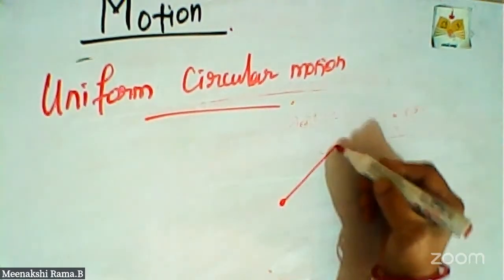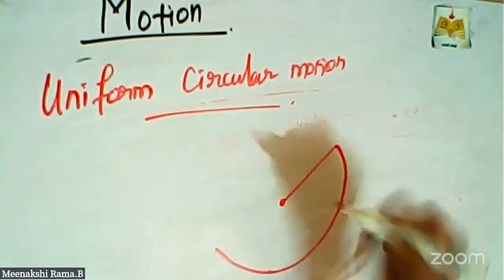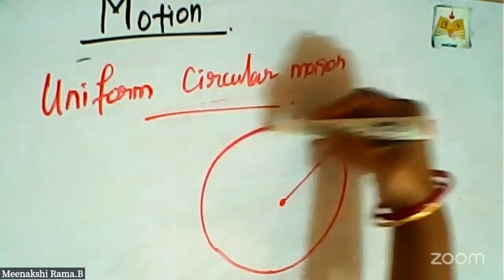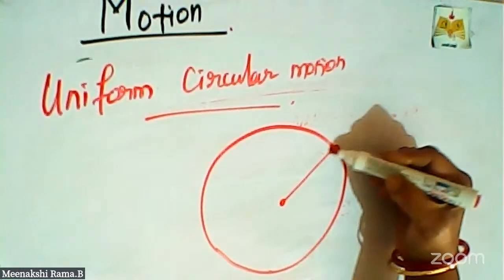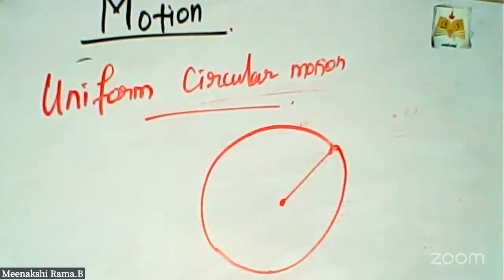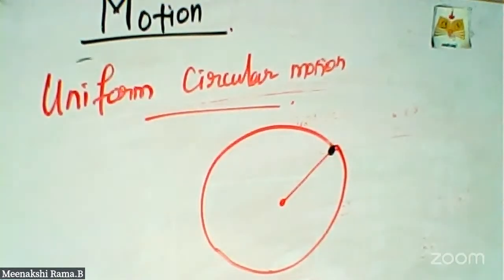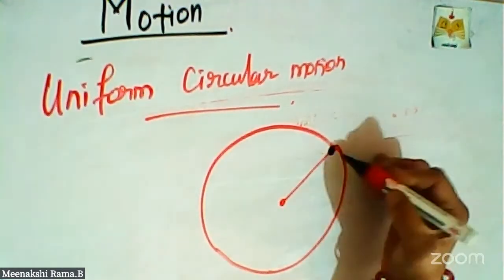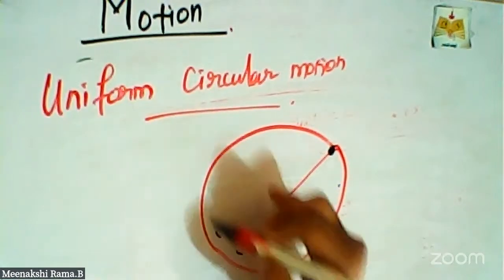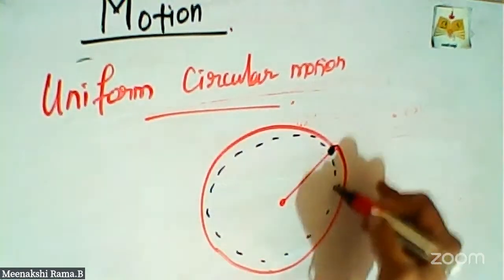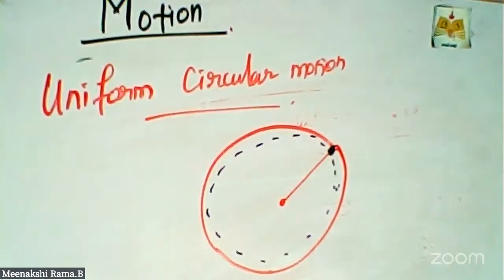Yes. The stone is moved. I tie one stone here and rotate the rope, so the stone moves in the circular path only. The stone moves continuously and rotates in the same direction.